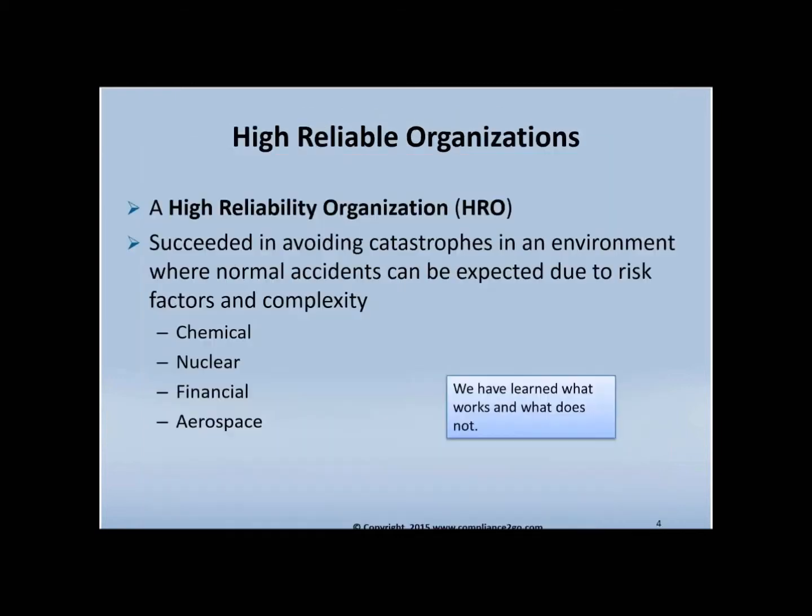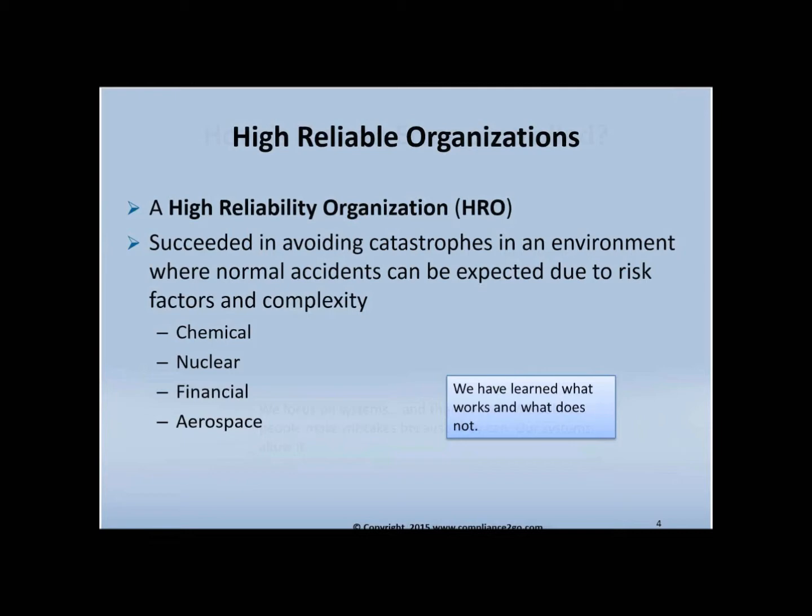Okay, so let's start with where this all comes from. All of this starts by looking for information on high reliability organizations. These are the HROs, which have succeeded in avoiding catastrophes in environments where normal accidents can be expected due to risk factors and complexity.